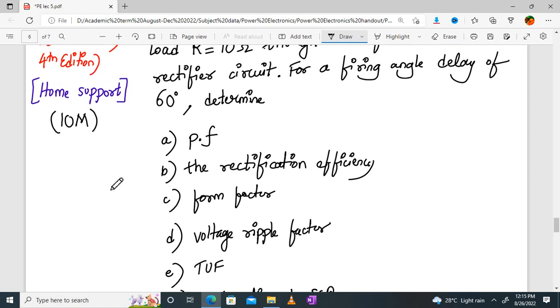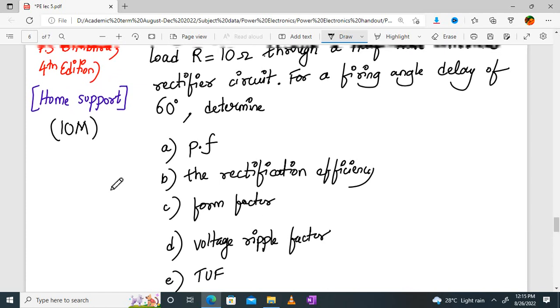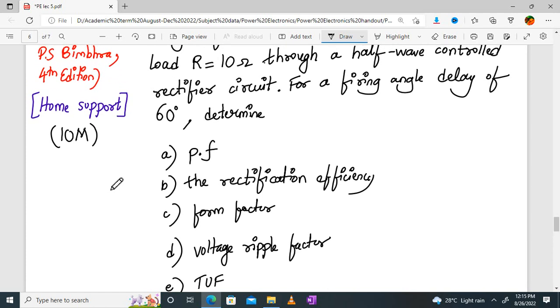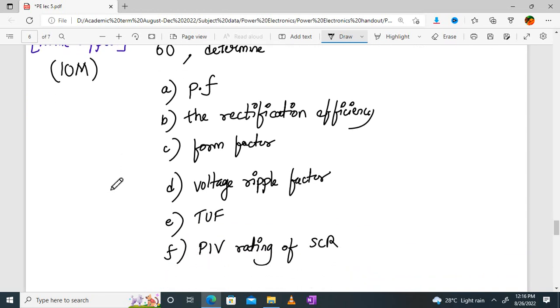Haven't we solved a similar numerical? So please solve this and cross check your answers with that solved example, that you can search. Okay, so with this, let us start with the test now.